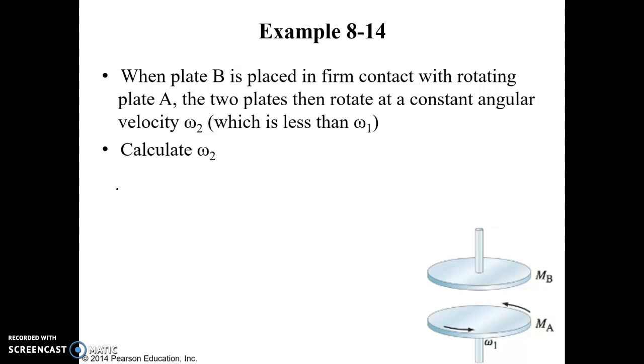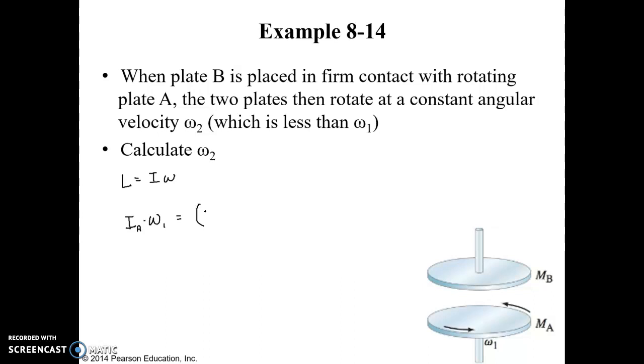So the angular momentum is equal to moment of inertia times angular velocity. So what we're saying here is the moment of inertia of plate A times the angular velocity of plate A is going to be equal to the momentum after they come together.